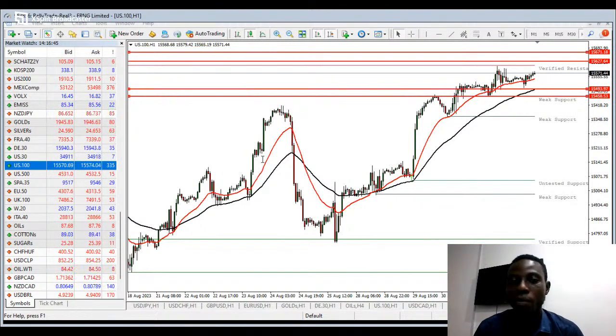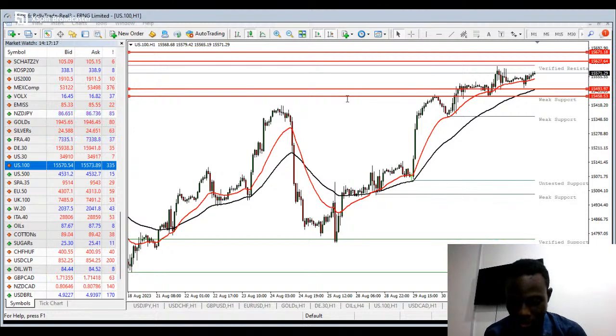Now, my buy stop entry point for US 100 is 15627.64. Let me come again. My entry price for US 100 is 15627.64.